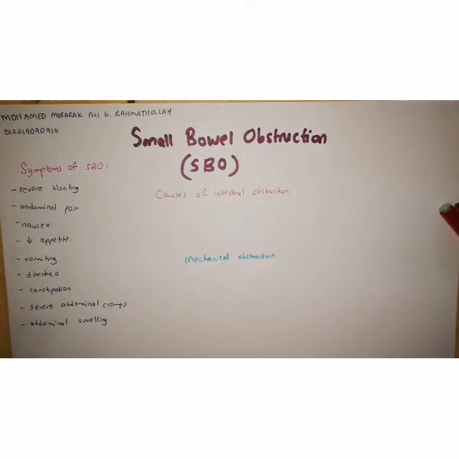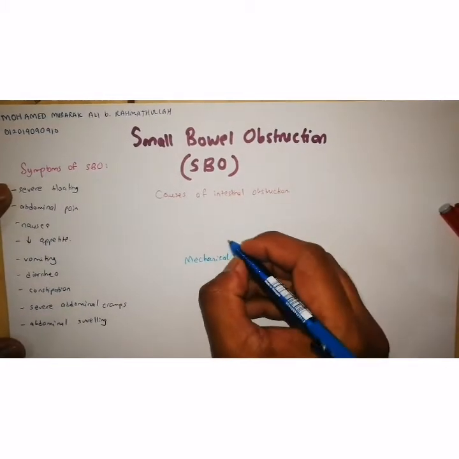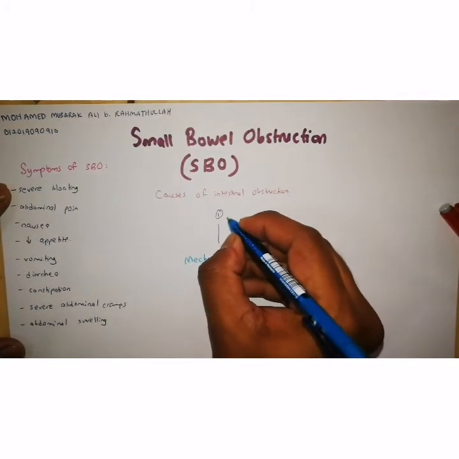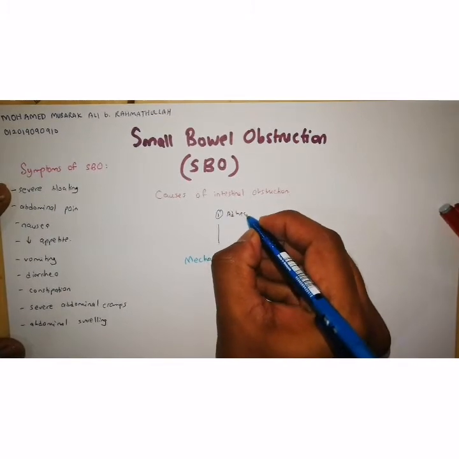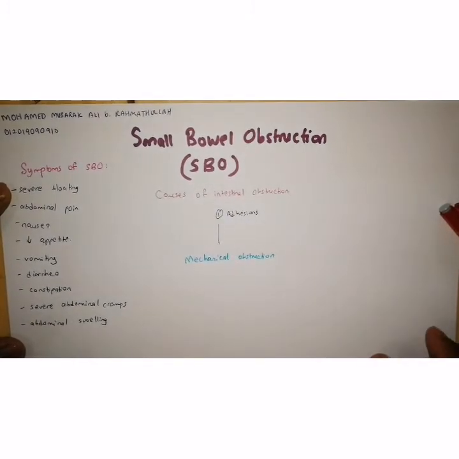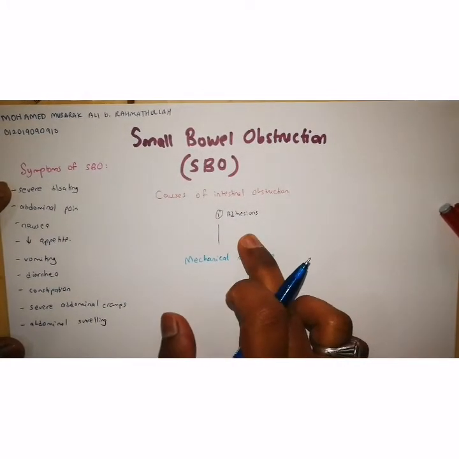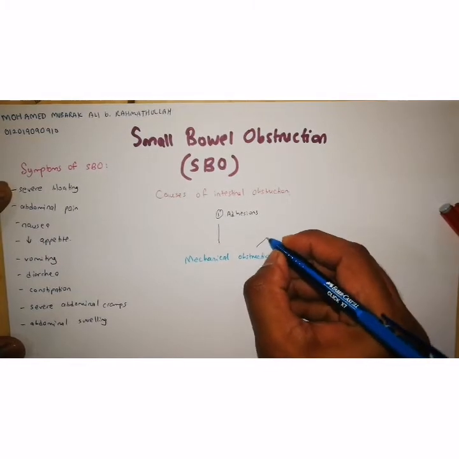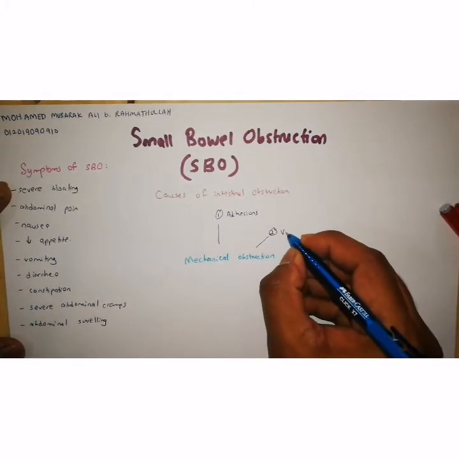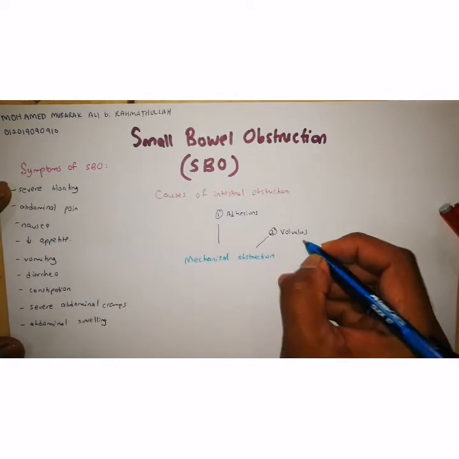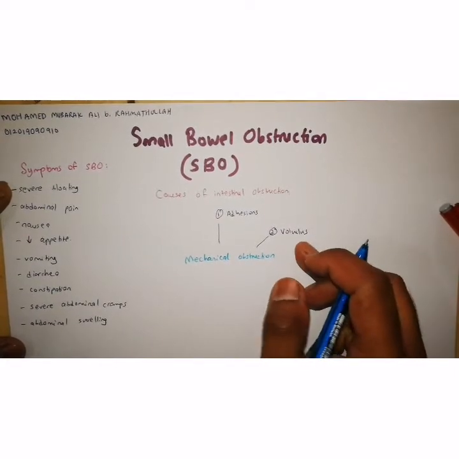Mechanical obstruction is divided into, first, adhesions. Adhesions consist of fibrous tissues that develop after any abdominal or pelvic surgery or after severe inflammation. Second, we have volvulus. This simply means the twisting of the intestines.